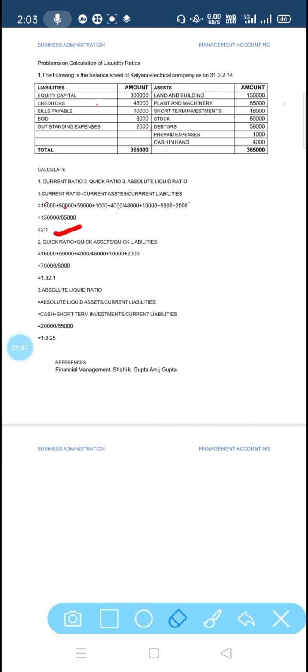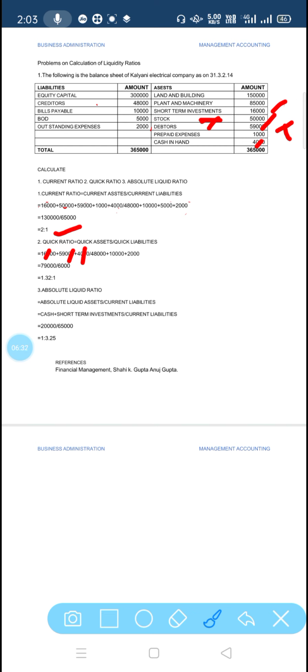Short term investments 16,000, stock will not come here, debtors 59,000, prepaid expenses will not come here, and cash in hand 4,000 will come here. So here we have taken short term investments 16,000, debtors 59,000, and cash in hand 4,000.